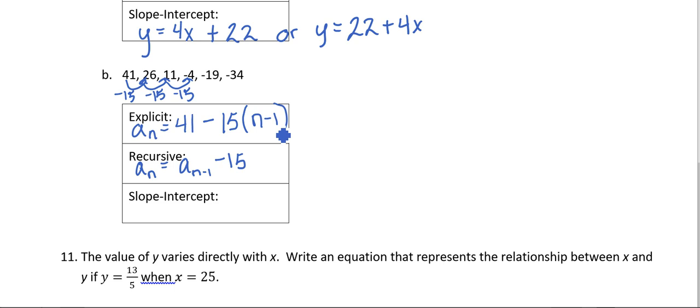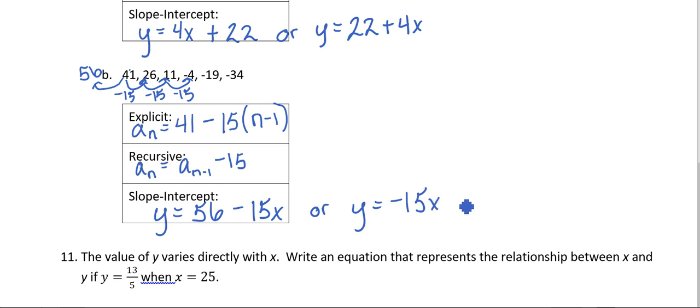And then my slope-intercept, I need my 0 term, so my y-intercept. I'm going to back up one more time, which gives me 56. So I'll have y equals 56 minus 15x, or I might have y equals negative 15x plus 56.